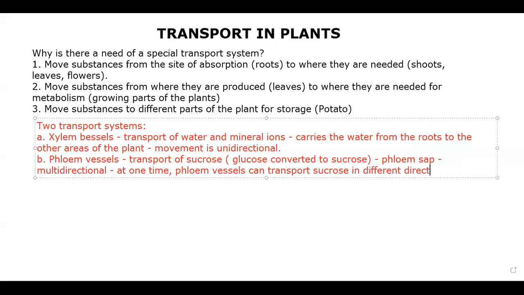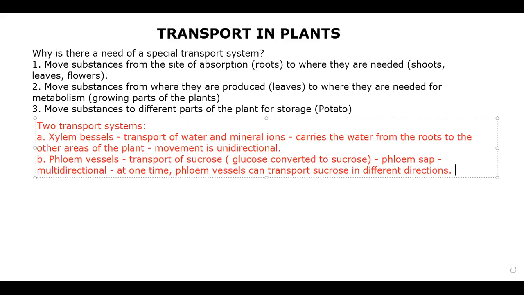So, for example, sucrose can go from the leaves to the flower, from the leaves to the shoot, from the leaves to the roots, from the leaves to the fruits. So this is an important difference between xylem vessels and phloem vessels.